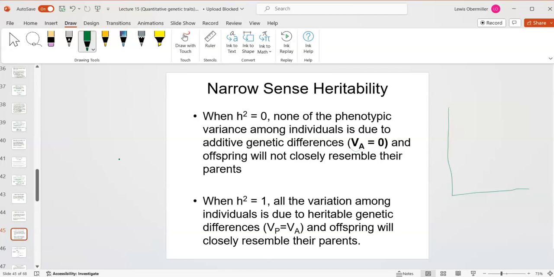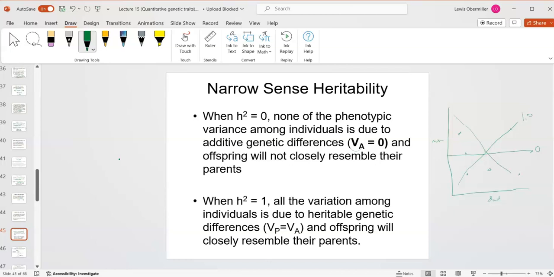So when h is 0, let's say this is height of mom and height of dad, and we have the offspring. They're all over the place, so we can't really draw a straight line. So that would be 0. Our slope is 0. If they're directly correlated, it would be 1.